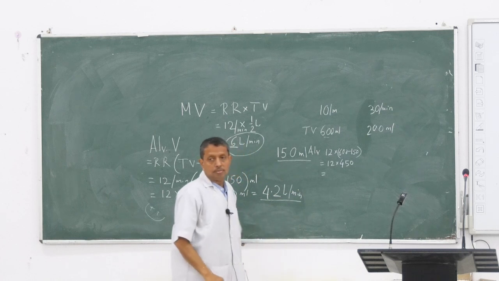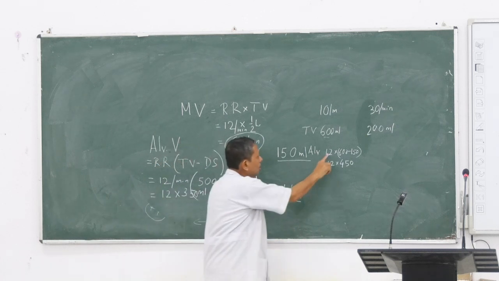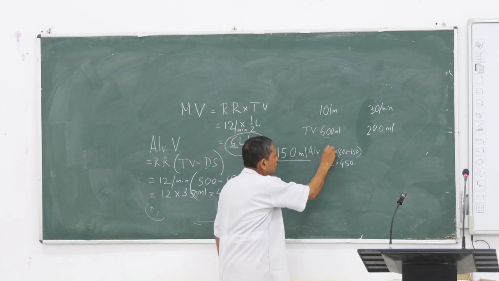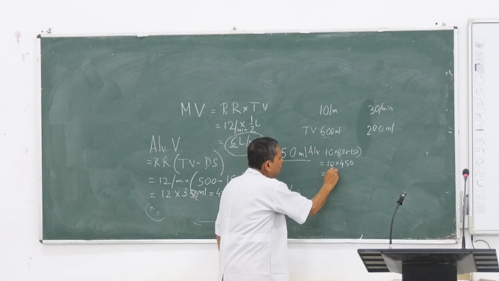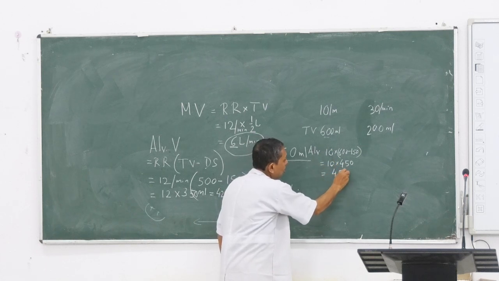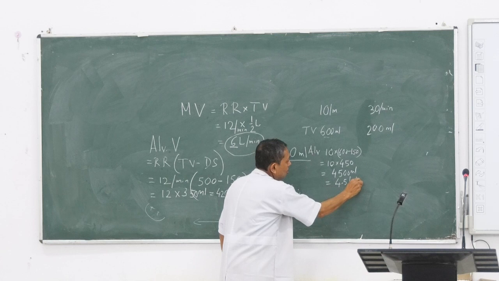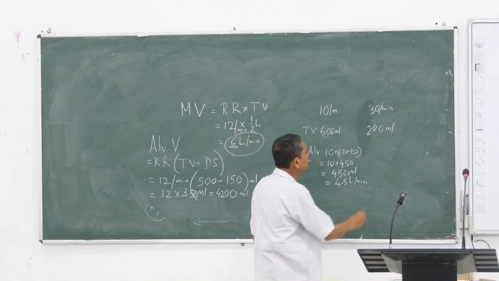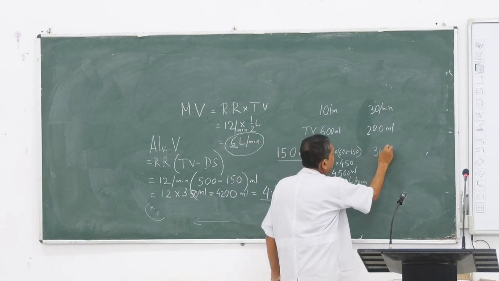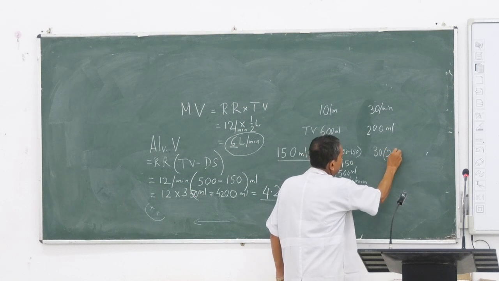That is 4500 ml, 4.5 liter per minute, and in this case it is 30 multiplied by 200 minus 150.